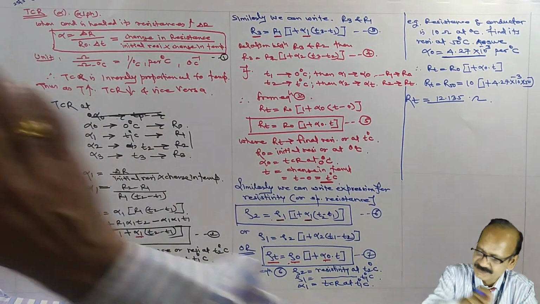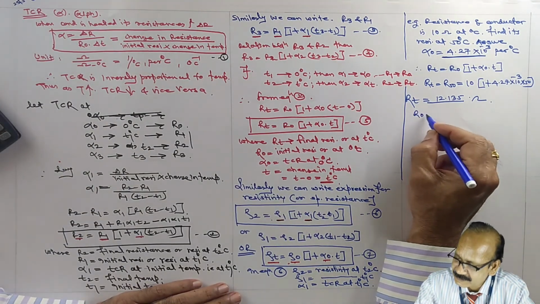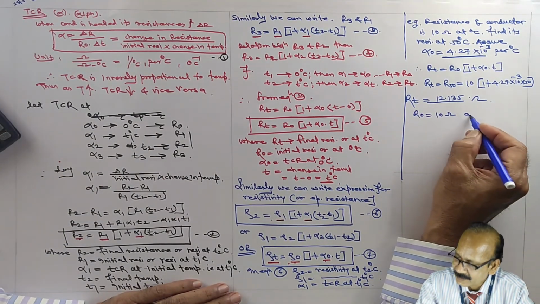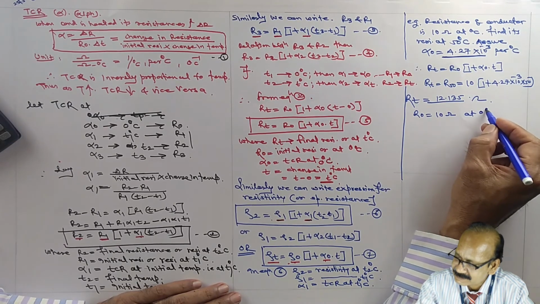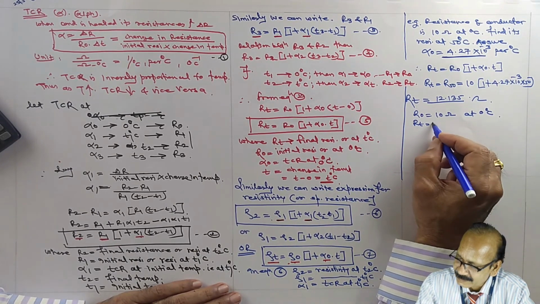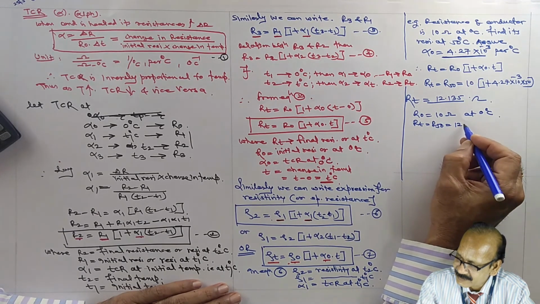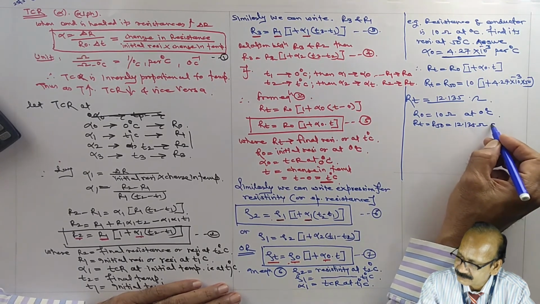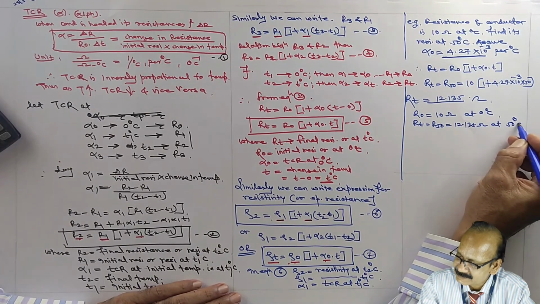So what we have observed: R0 is 10 ohm at 0 degree Celsius and R50 equals 12.135 ohm at 50 degrees Celsius.